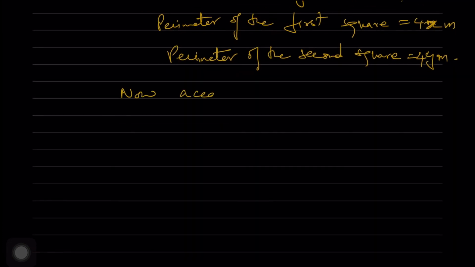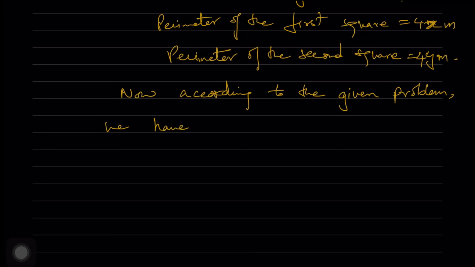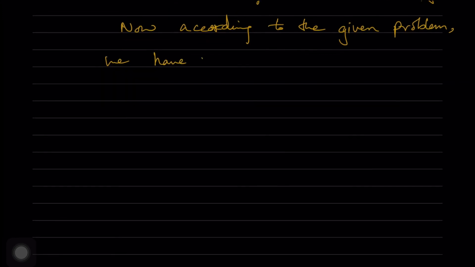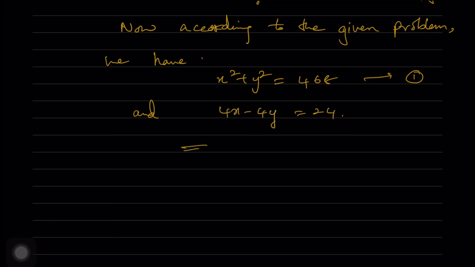Now according to the given problem, we have x square plus y square is equal to 468. This is equation 1. And 4x minus 4y is equal to 24, which implies x minus y is equal to 6.